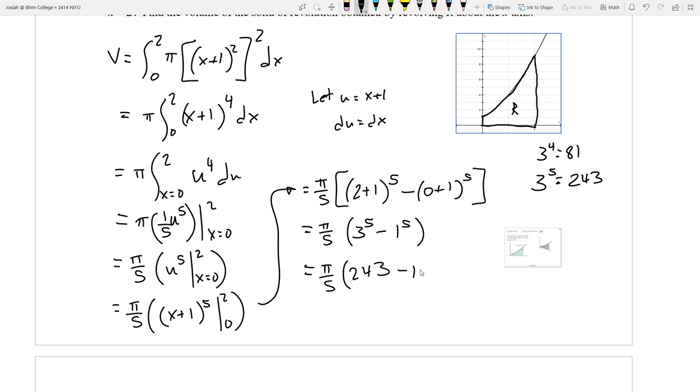And then 1 to the 5th is 1. So pi over 5 times 242. That's 242 pi over 5 cubic units. And again, this is all you need.